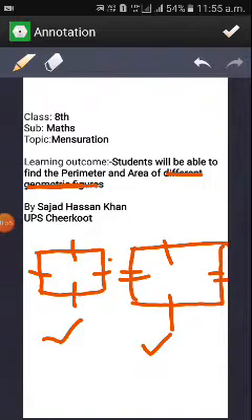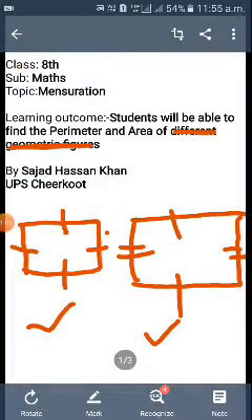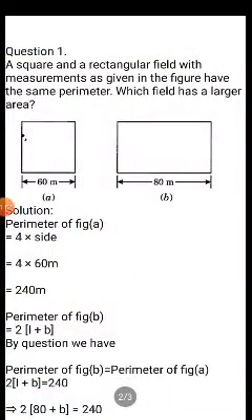Okay, moving to the lesson, we have question number first of exercise 11.1. A square and a rectangular field with measurements as given in the figure have the same perimeter. Which field has a larger area?